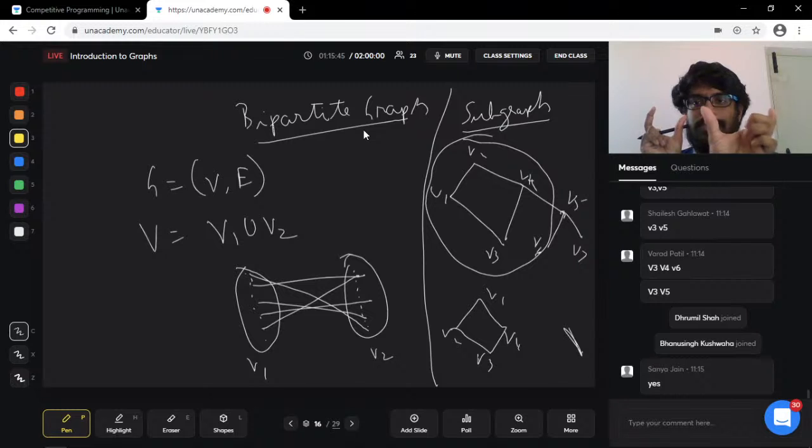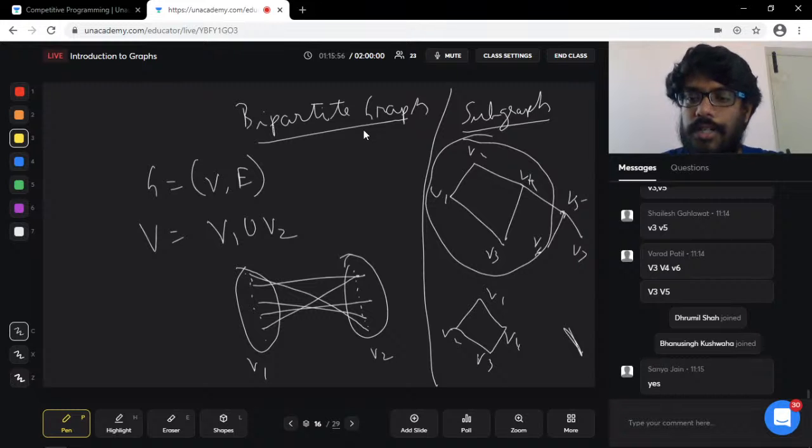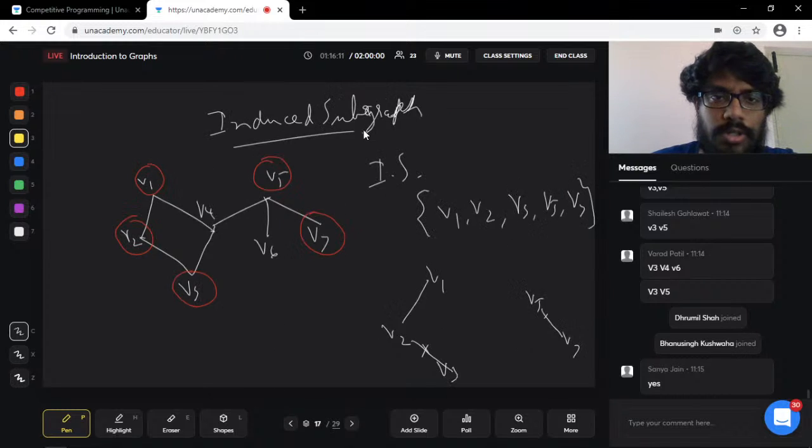Inside each there are no edges, and there can be edges between them that I don't say anything about. So this becomes a bipartite graph, right? Cool, just a different way of defining a bipartite graph. It's exactly the same, just because we know this definition, we came back and revisited this.